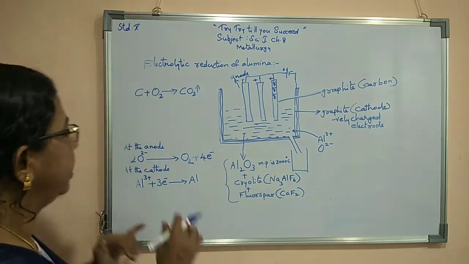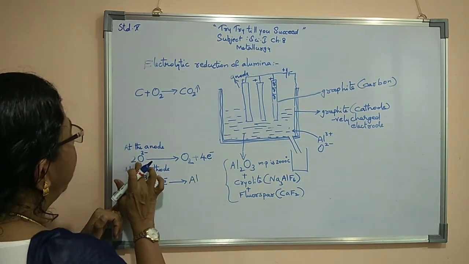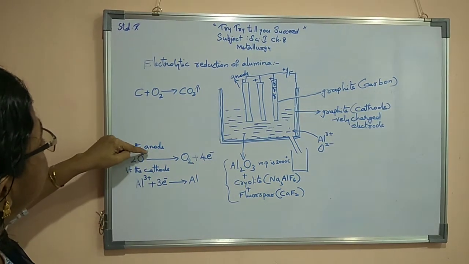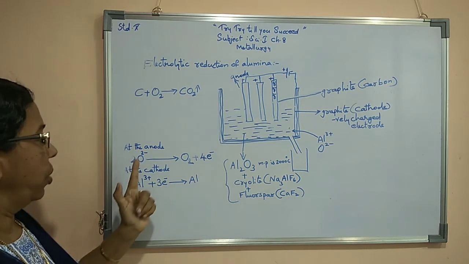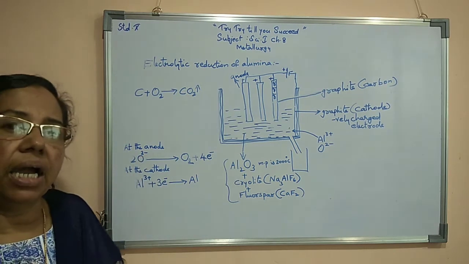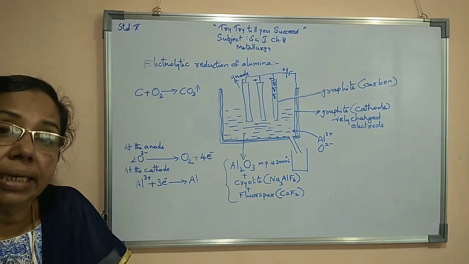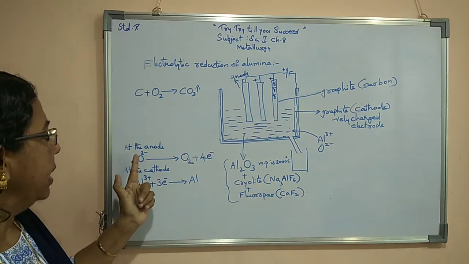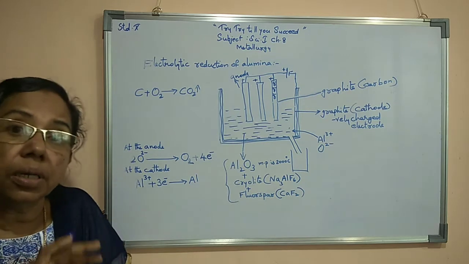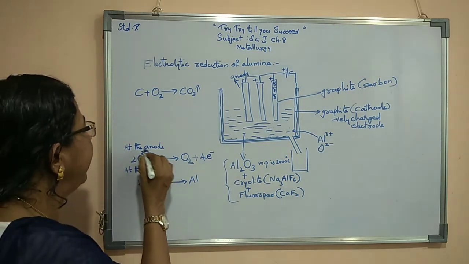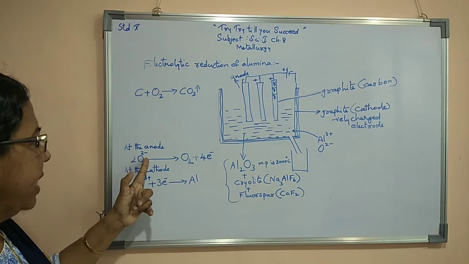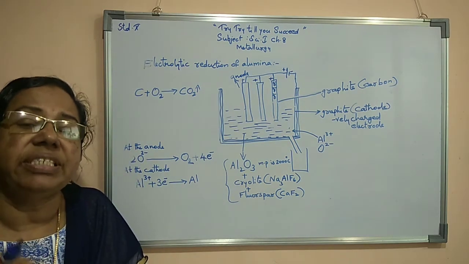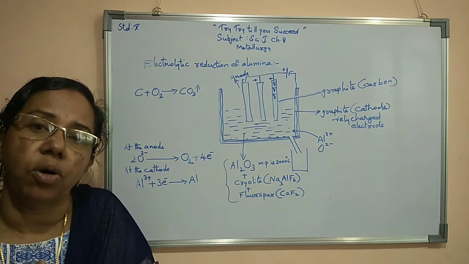Now we can see that in this case the oxygen ion, or we can say the oxide ion, is removing electrons. Why? Because it has extra electrons. So this oxide ion removes the electrons which it received when it formed a compound.